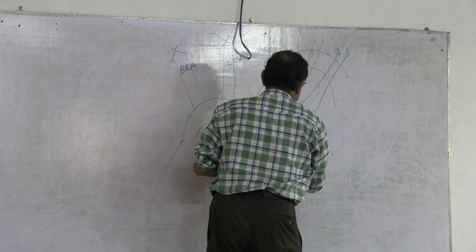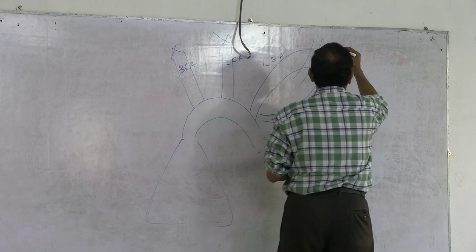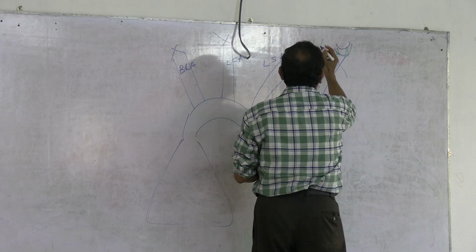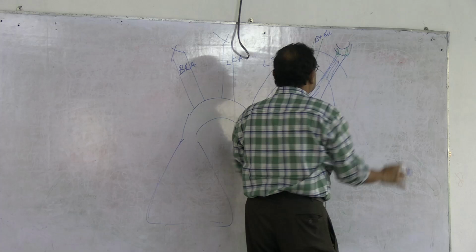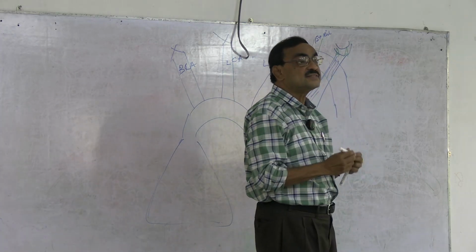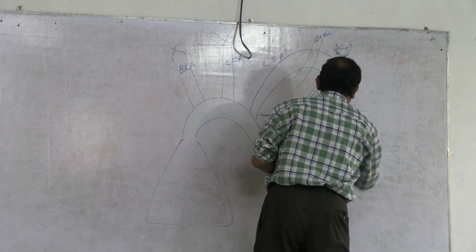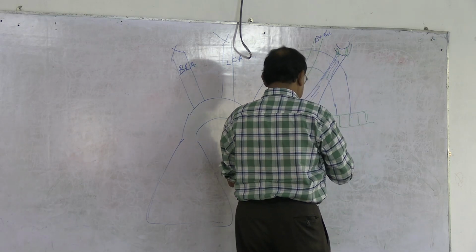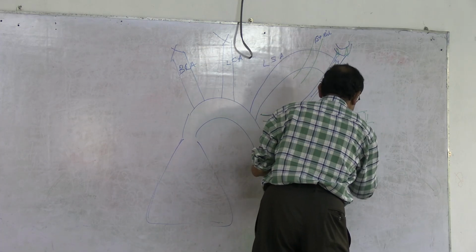This muscle is the pectoralis minor muscle, which is attached to the coracoid process. When the subclavian artery crosses the first rib, it is called axillary artery. And when this axillary artery crosses another muscle, the teres major muscle, it is called brachial artery.